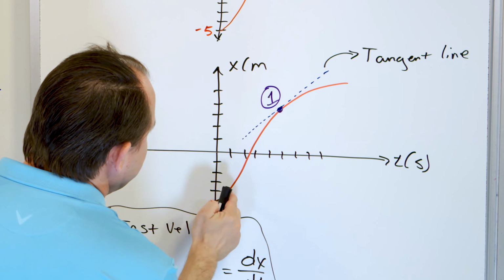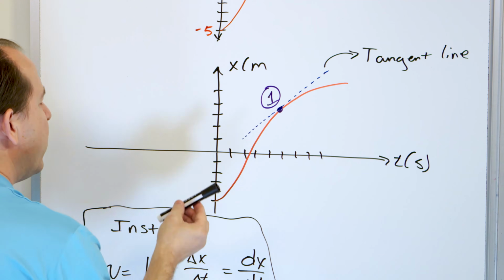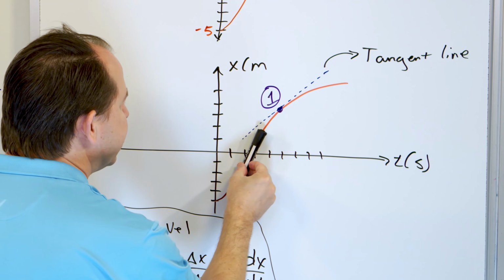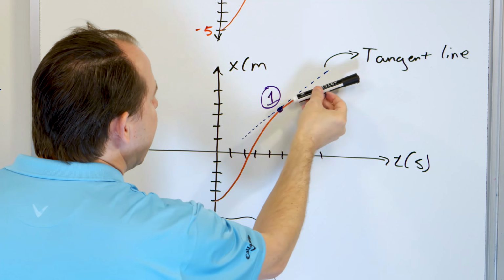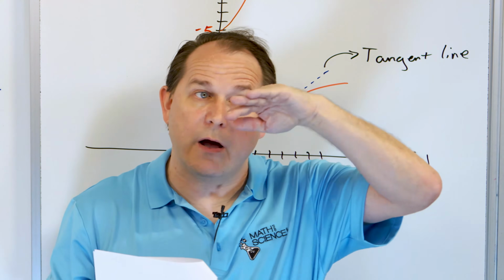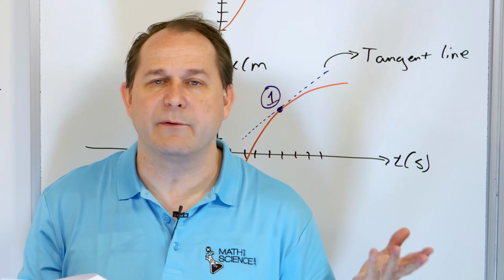And then down here, notice the curve bends a little bit. The slope here is very, very low. So what you have here is a low velocity, a very high velocity, a lower velocity, and a velocity approaching 0 again. So by looking at the slope of the curve as it moves, you know intuitively what the velocity of the particle should be doing.